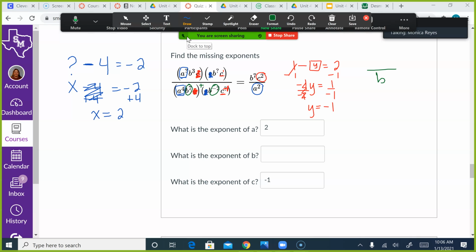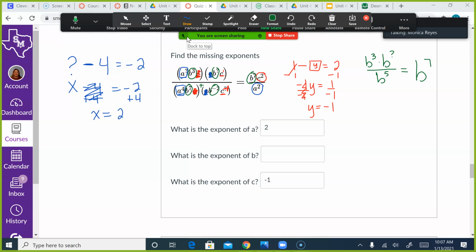So 7 plus negative 2 means on the denominator we have a b to the 5th. But then up here, b cubed and b to the something equals b to the 7th. So I need to combine the b's to make a 7.